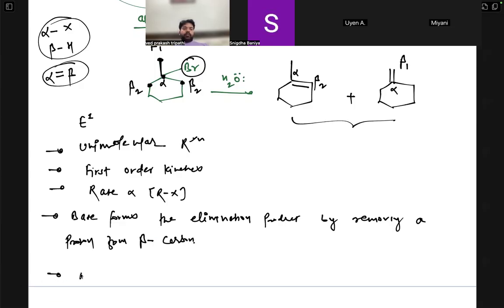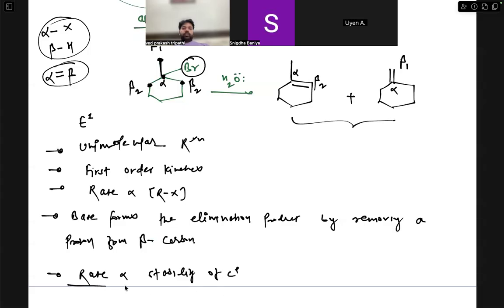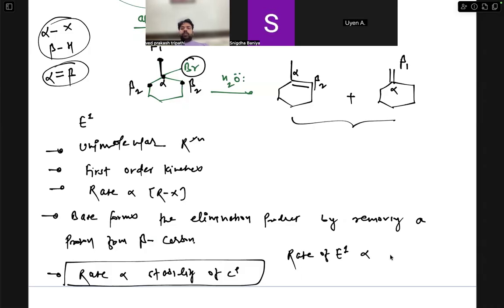So the rate is directly proportional to the stability of carbocation. If you are going to compare the rate of E1 reaction, it would be directly proportional to the stability of carbocation. So the more stable the carbocation, the faster the rate of E1. Clear?